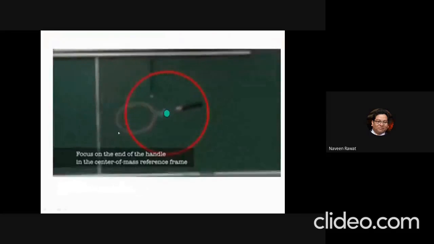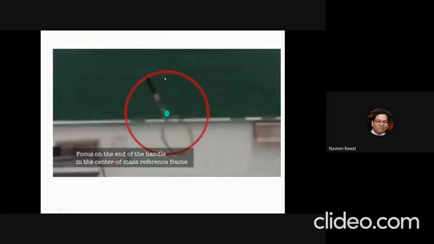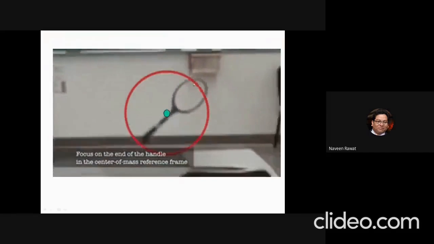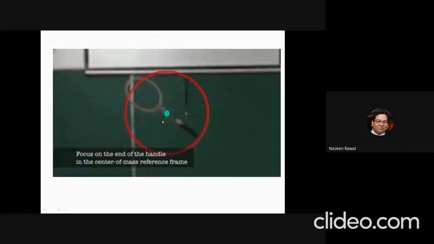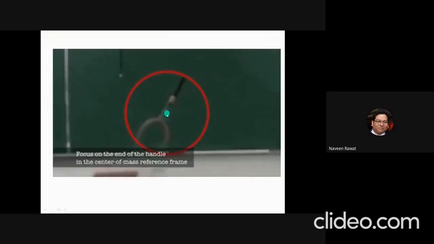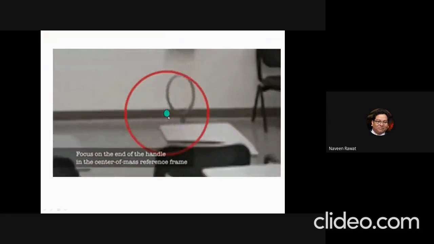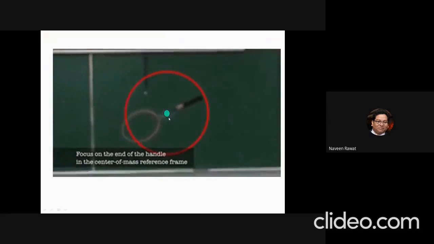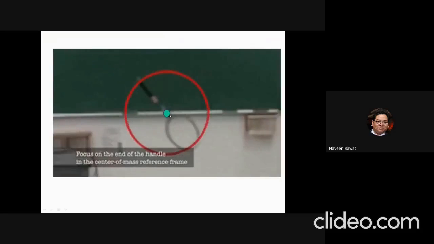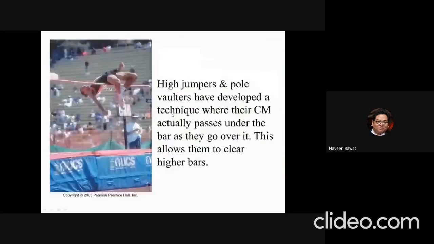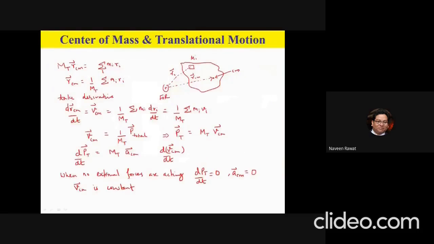In this complicated motion, the handle is doing a very complicated motion, your racket head is doing very complicated motion, but if you look at this point of center of mass, the velocity is constant and there is no acceleration happening here. That is what we have just found out mathematically: when no external forces are acting on the system, the acceleration of the center of mass will be zero and the velocity of the center of mass will be constant.